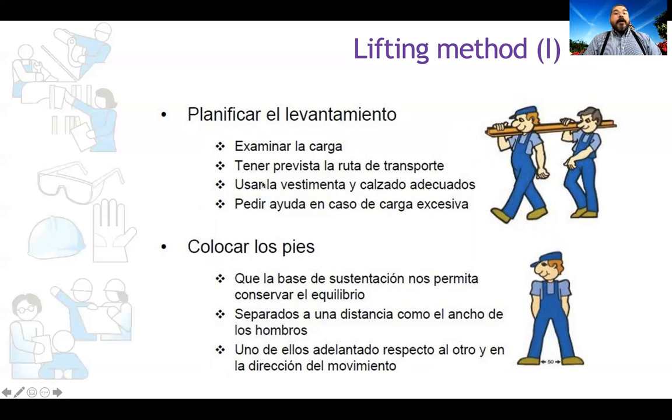You should use clothes and shoes that are according to the activity, and you should ask for help in case of an excessive load, or rather, design the activity for 2 or more operators. You should mind your feet. You should have a distance of 50 centimeters between them, and they should be aligned with your upper body.